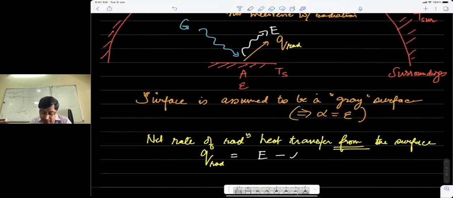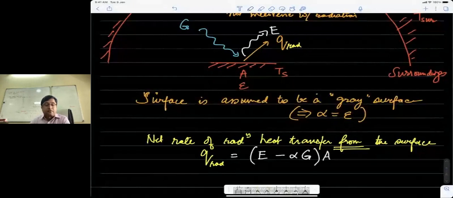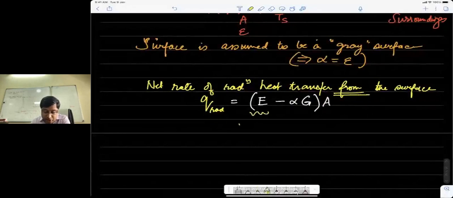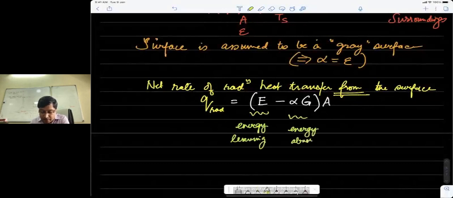It is receiving alpha times G, because it's actually taking that heat in. And of course, because we're dealing with areas, I will multiply this by the area of the surface. So if we want to be clear about this, this is energy leaving, and this is energy absorbed by the surface.